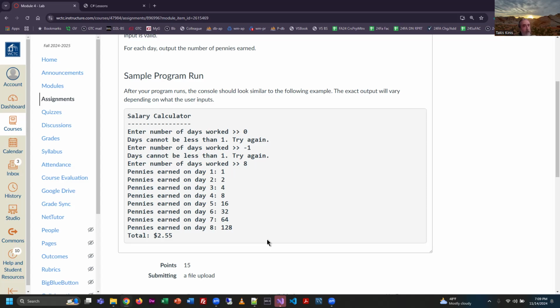Now, whenever we're doing user validation, it makes a whole lot of sense to use a while loop to get the user to put in the correct information, right? And as long as they're not entering the right information, you keep asking them, right? You loop until the input is valid, right? So I'm giving you a little bit of a tip right there. So if you think about your problems in that capacity and verbalize them, and maybe you're not a person to say it out loud.